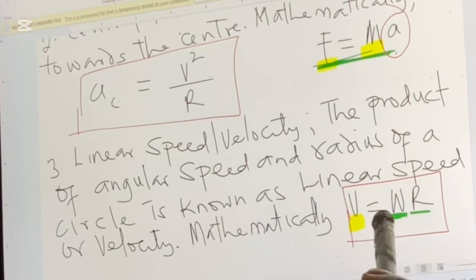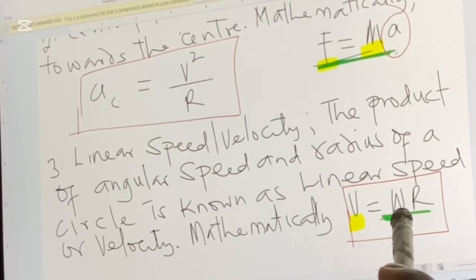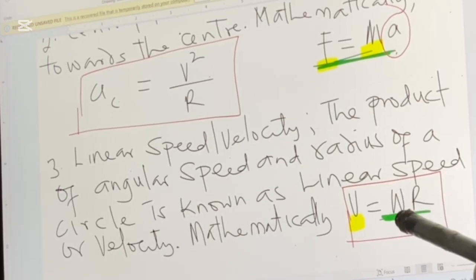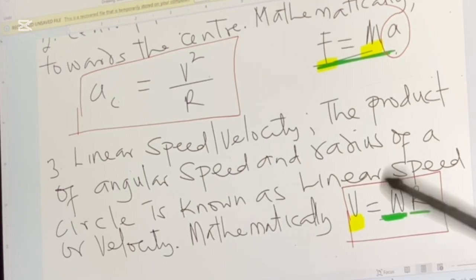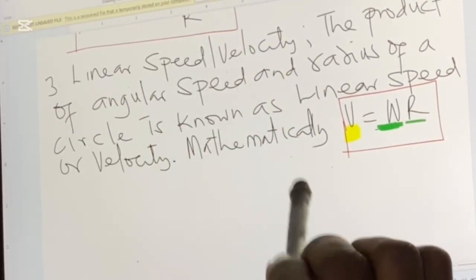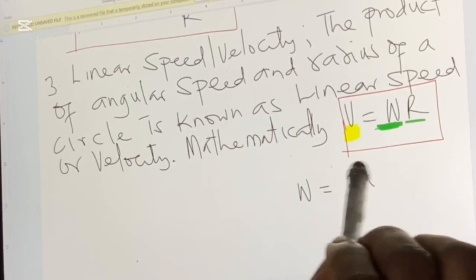If I'm relating this omega with velocity or speed, you call it angular velocity or angular speed. But if I'm relating this omega with frequency, I will not call it angular speed nor angular velocity. I will call this omega angular frequency. Just like this formula here, that is omega is equal to 2 pi f.